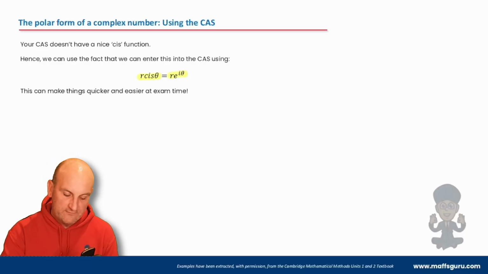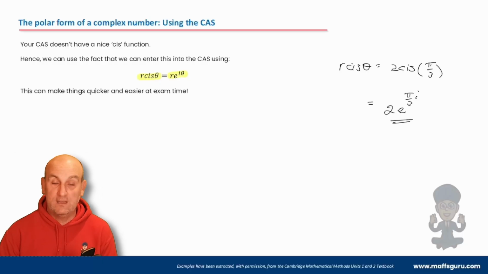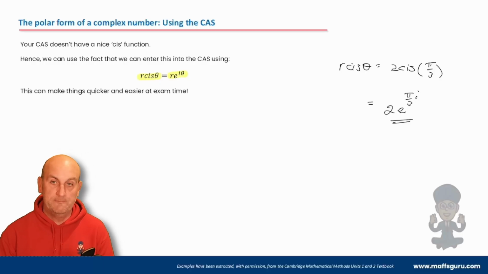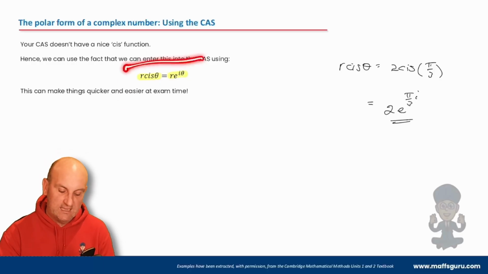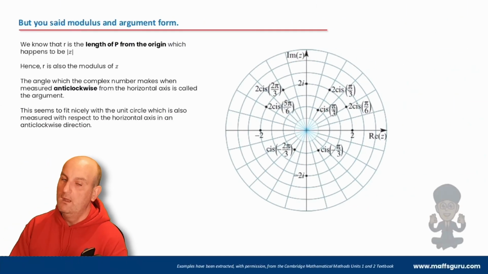So if I had 2 cis pi on 3 and wanted to put that into my calculator, I can type it in as 2 e to the power of pi on 3 i. Maybe one day I'll do a video as to why, but it's way beyond what you need at this moment. But it's important to say we can actually do that using my calculator.